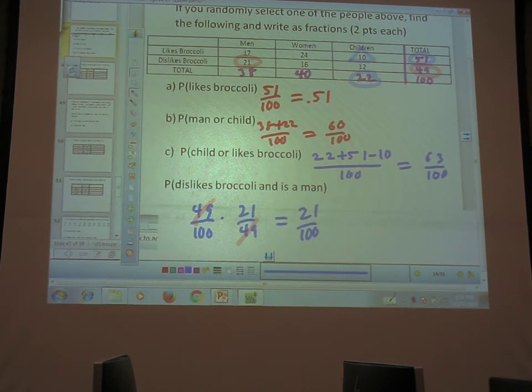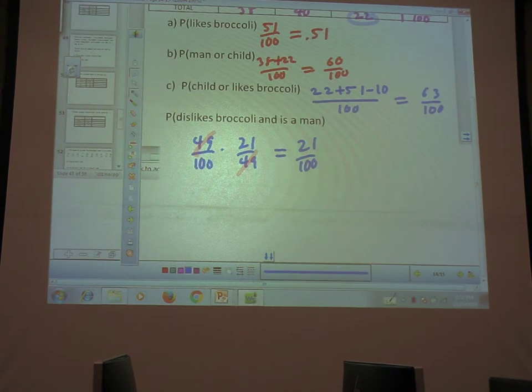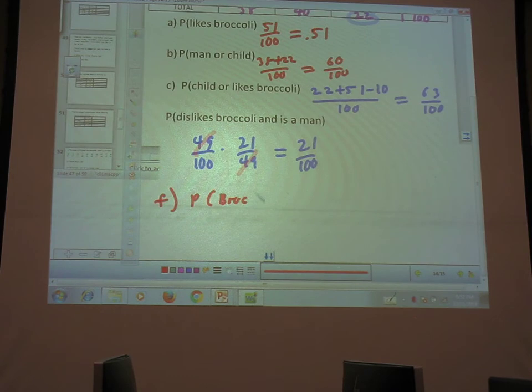And then what was your next one? Likes broccoli, given a woman. Probability of broccoli, given they're a woman. So here, what's the probability that they're a woman? 100%. We've given you that.